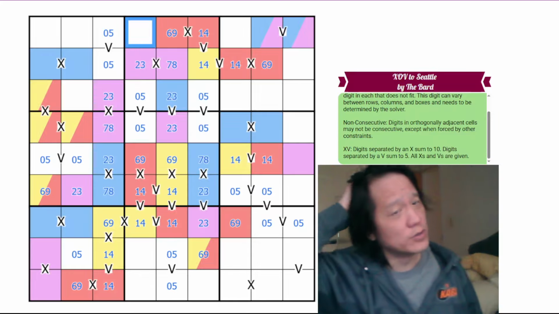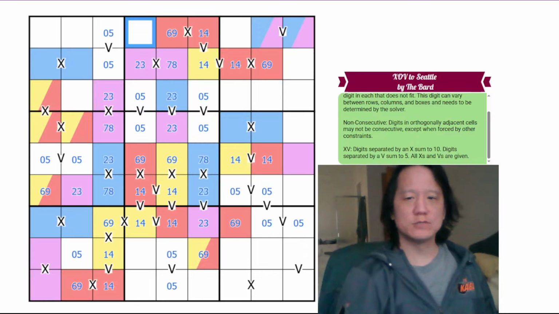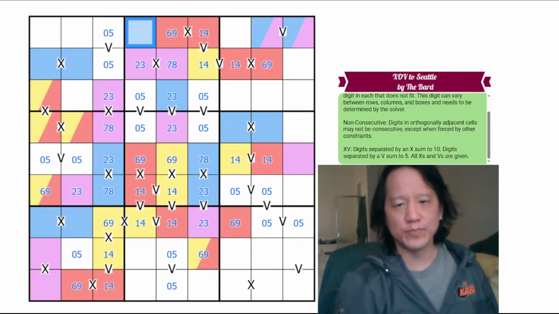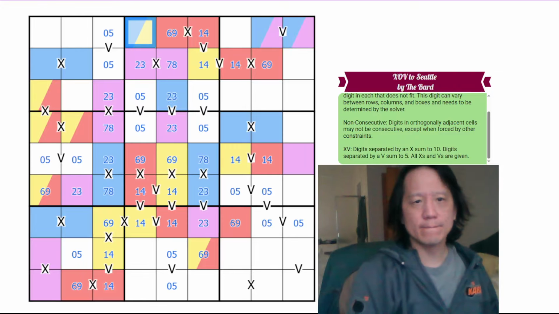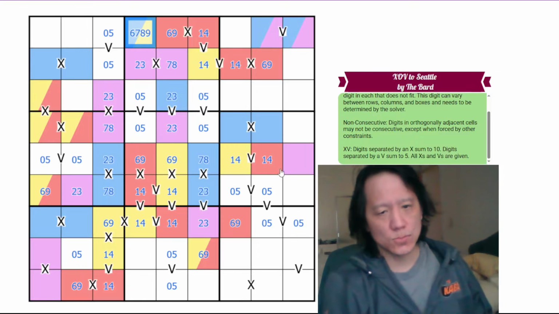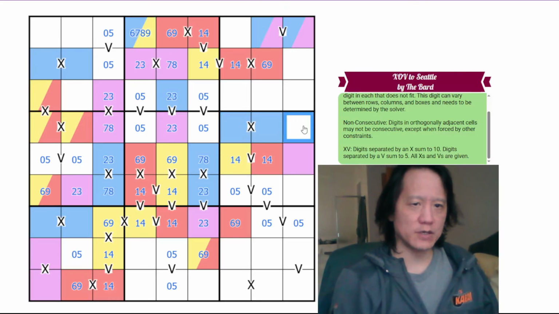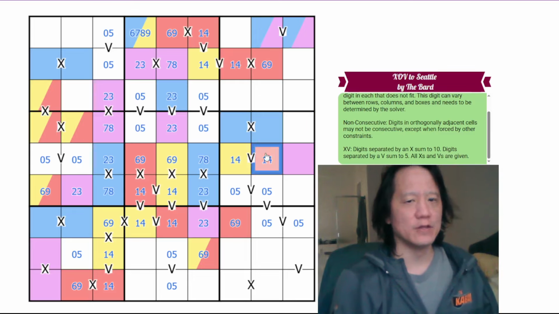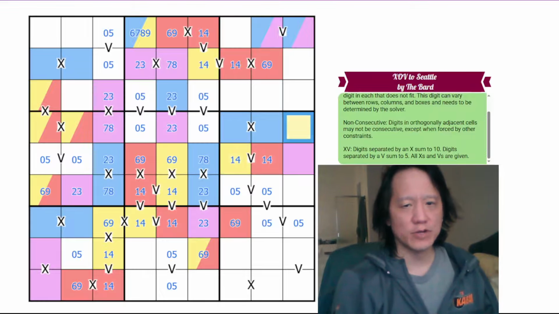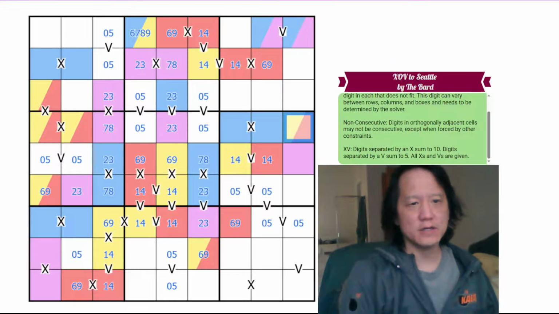It could be blue, could be yellow. So this is blue or yellow high. What are we missing in row 4? So this cannot be low red or low yellow. Therefore, this must be red or yellow high.